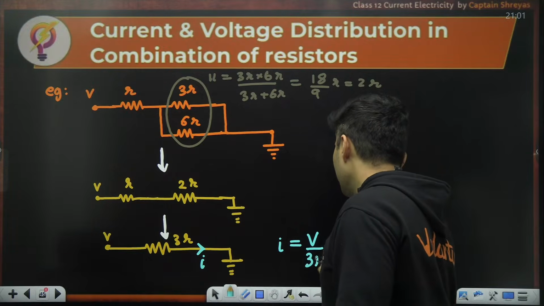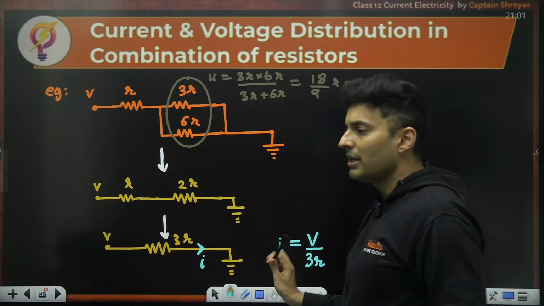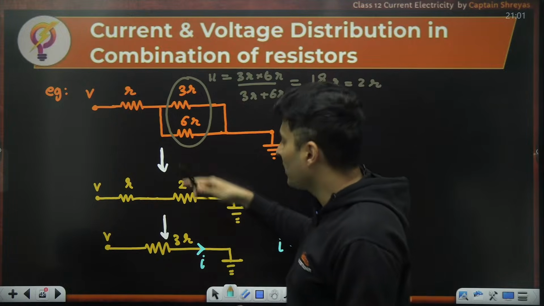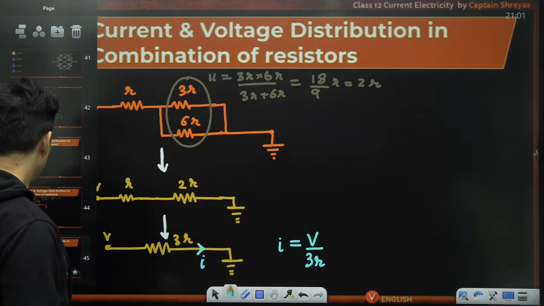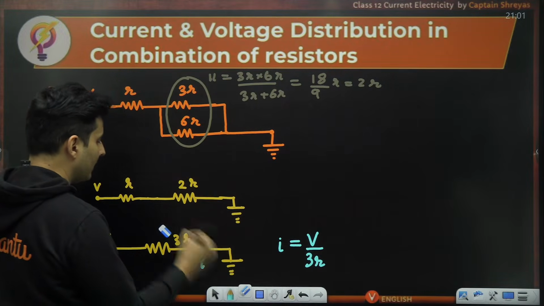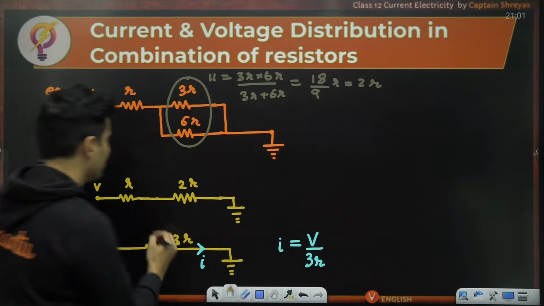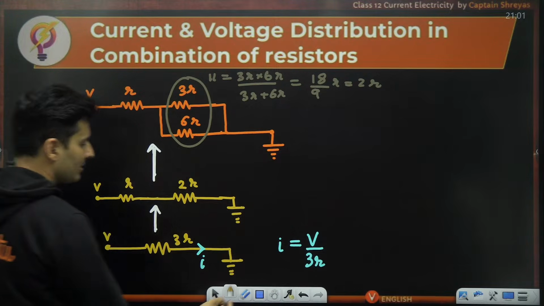So V by 3R is the current in this equivalent resistance. Go reverse now. Start unreducing it. You had reduced the circuit, now go reverse. That's it. You will start getting the answers.